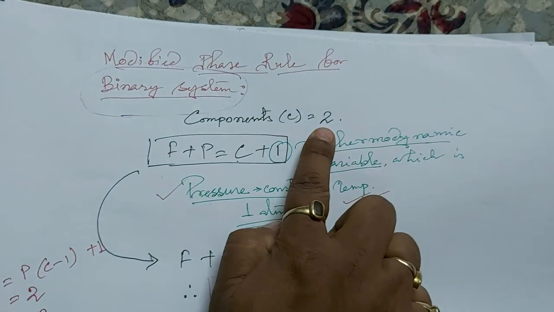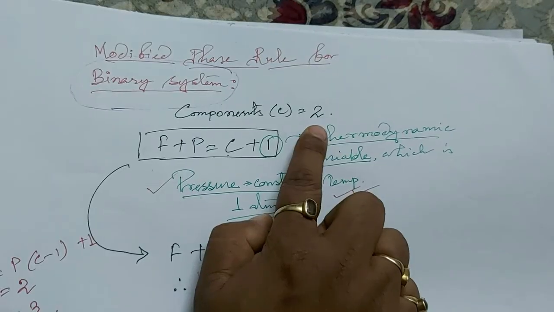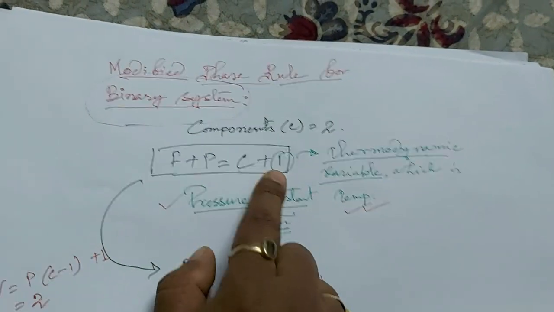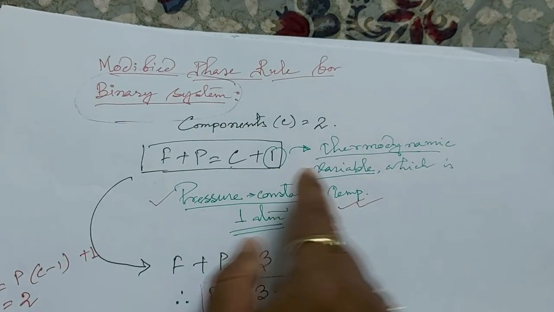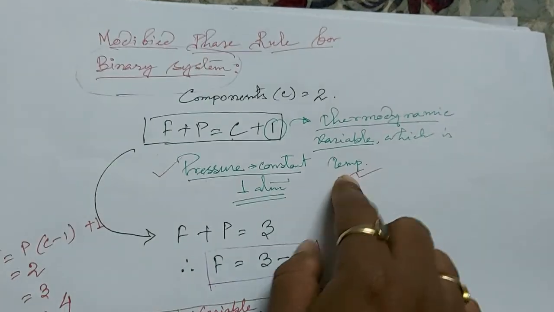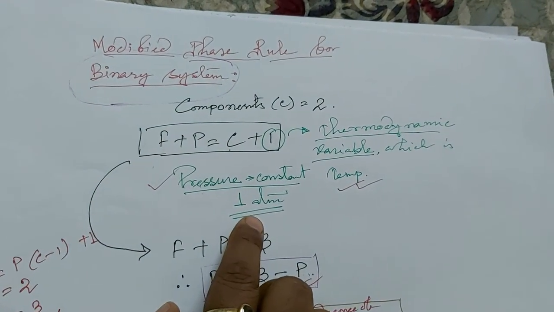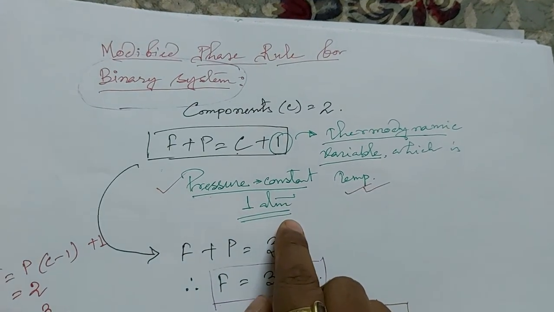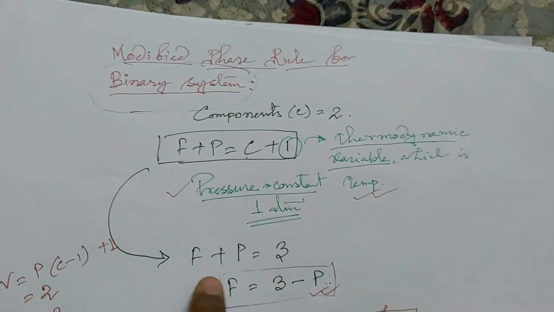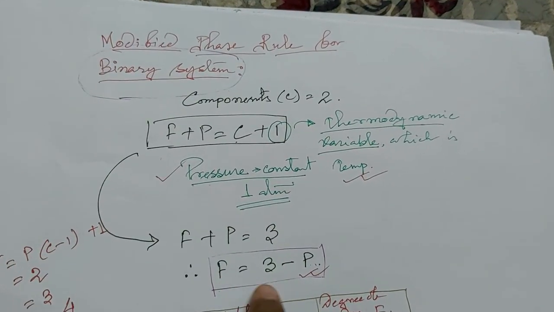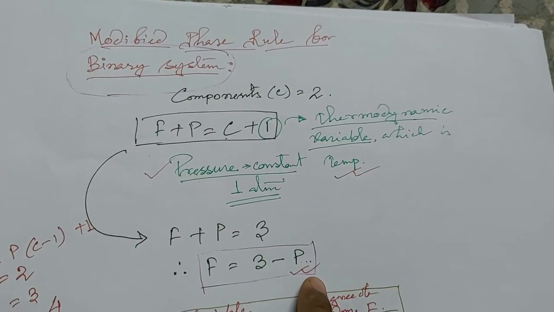Binary system means component c is equal to 2, and this is for the thermodynamic variable temperature, and we have taken pressure as constant, which is 1 atmospheric pressure, and thus we get degree of freedom f is equal to 3 minus p.